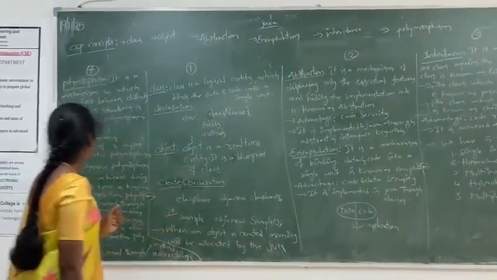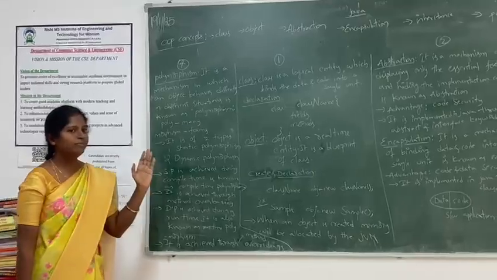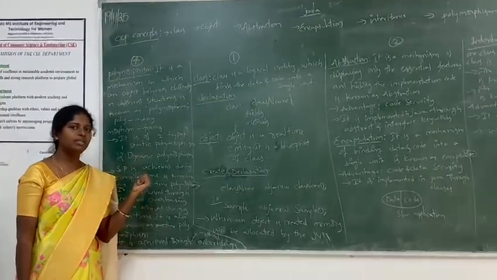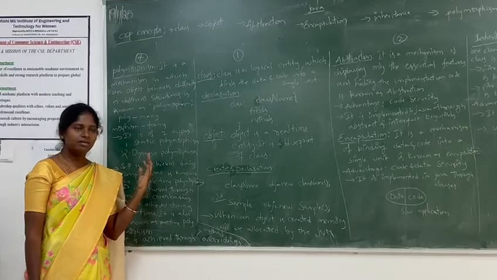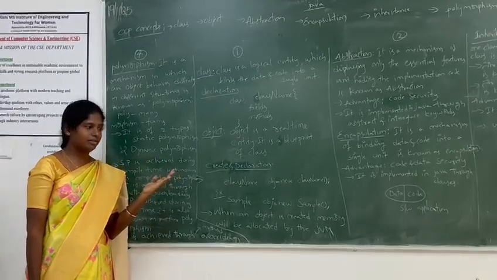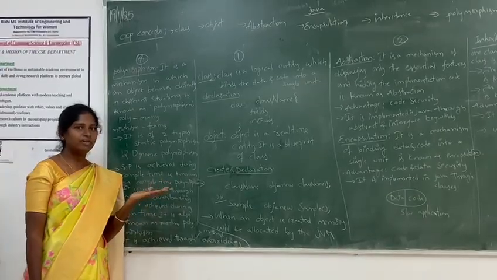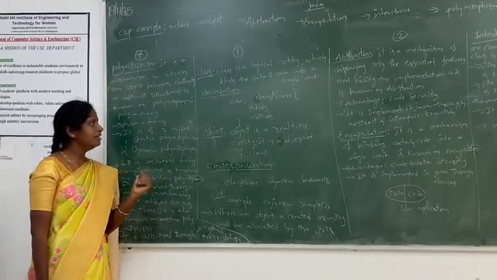Next, finally, polymorphism. For example, I am one example of polymorphism. My name is Padma. I am a faculty in a college, wife of my husband, and also parent of my children.